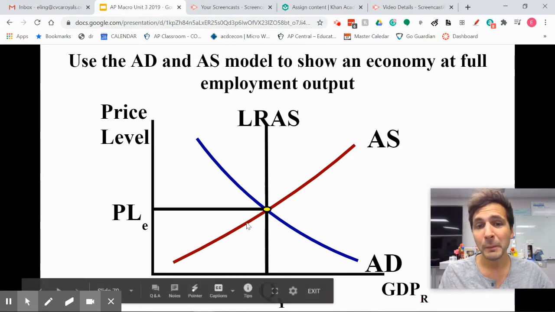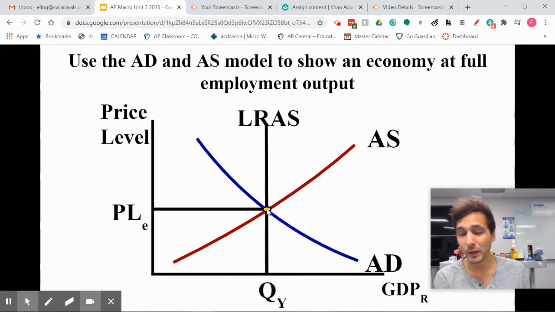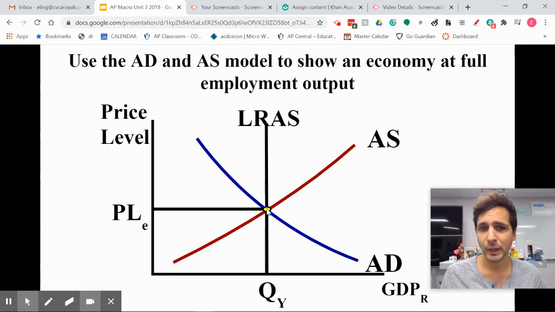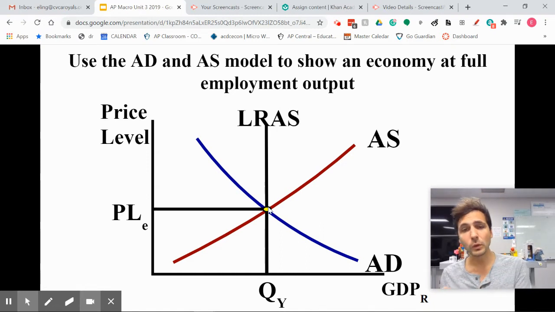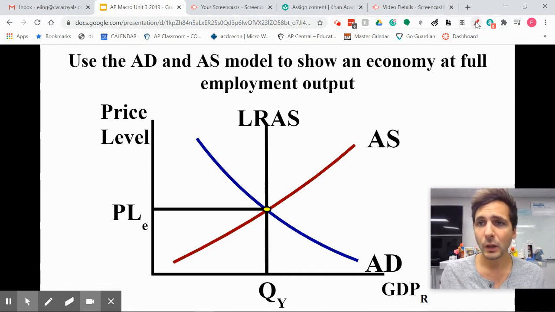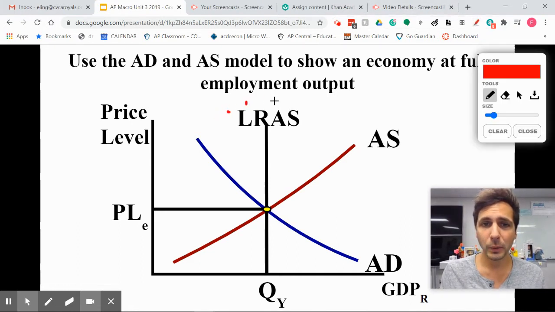How do we know? Because my current economy is wherever AD and AS intersect, just like my current price and quantity is going to be wherever demand and supply intersect in a product market. And those are intersecting on long run aggregate supply. So my current GDP is full employment GDP. Remember, long run aggregate supply is where we want to be. It's our beacon, right?